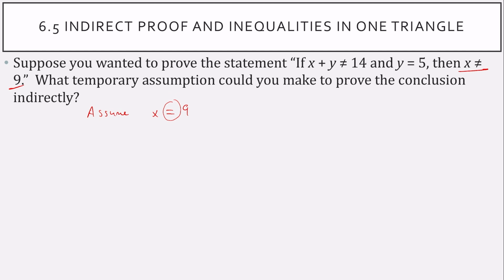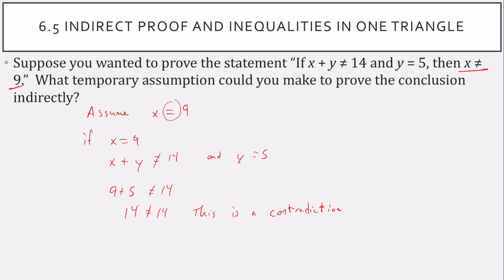And then we run through our little proof. All right, so if x equals 9, then if we have x plus y doesn't equal 14, and y equals 5, we could plug those in. So I'll have 9 plus 5 doesn't equal 14. So 14 doesn't equal 14. This is a contradiction since 14 does equal 14.